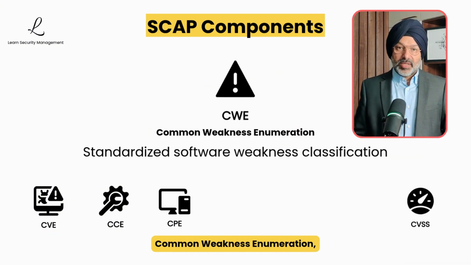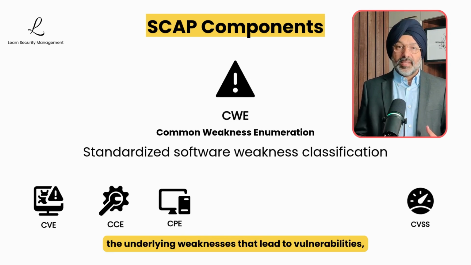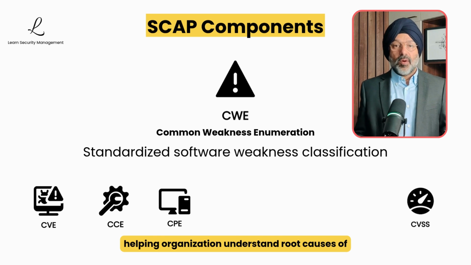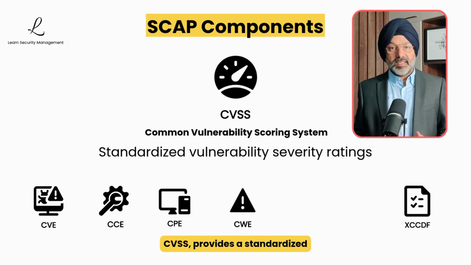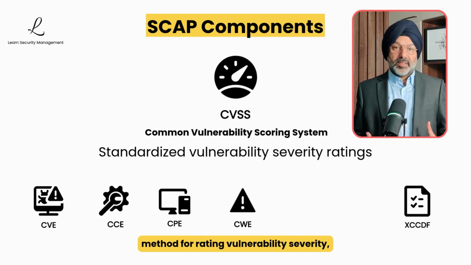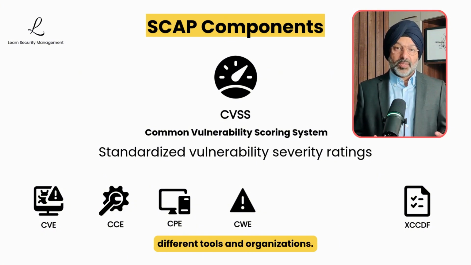Common Weakness Enumeration (CWE) classifies the underlying weaknesses that lead to vulnerabilities, helping organizations understand root causes of security issues. Common Vulnerability Scoring System (CVSS) provides a standardized method for rating vulnerability severity, ensuring consistent risk assessments across different tools and organizations.